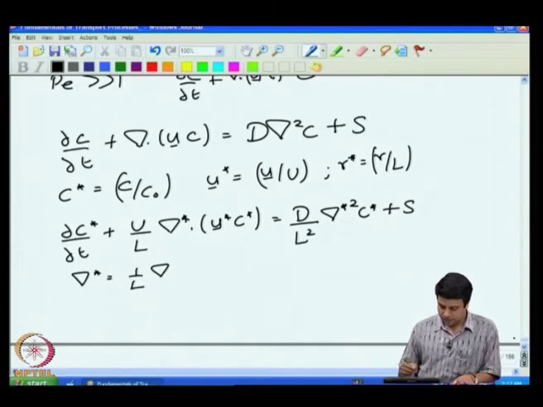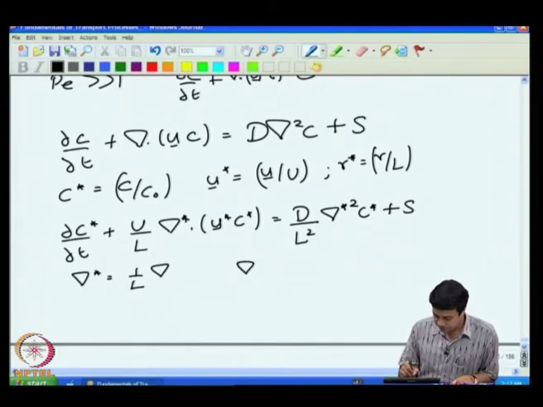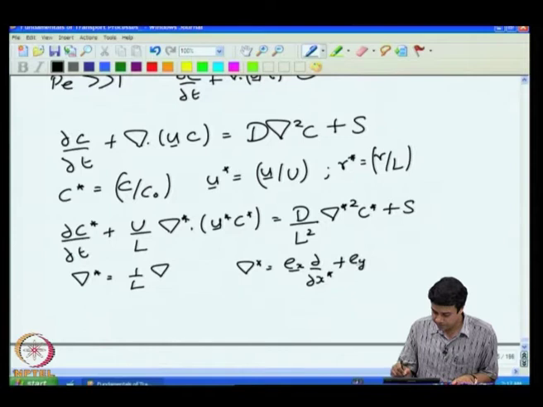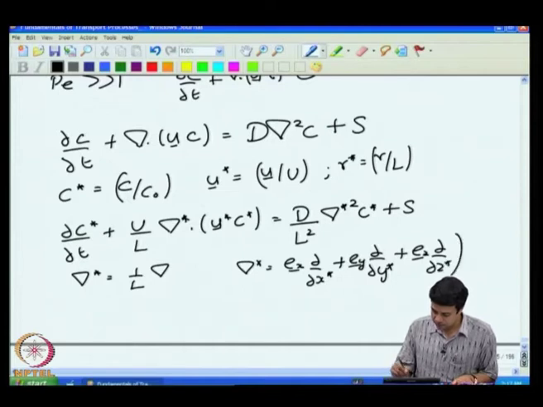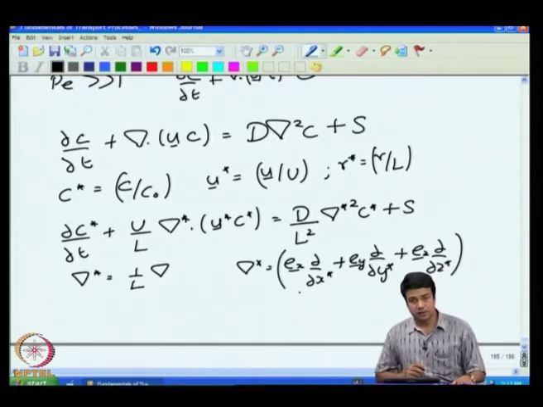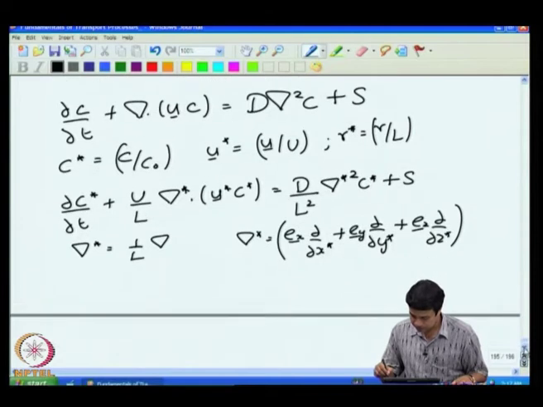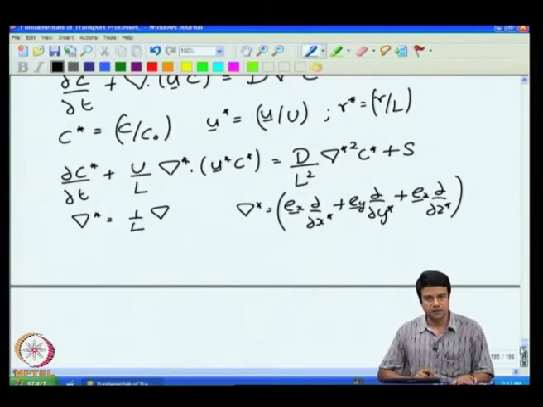So, for example, in a Cartesian coordinate system, del star will be equal to Ex d by dx star plus Ey d by dy star plus Ez d by dz star, where x star, y star and z star are x by L, y by L and z by L.